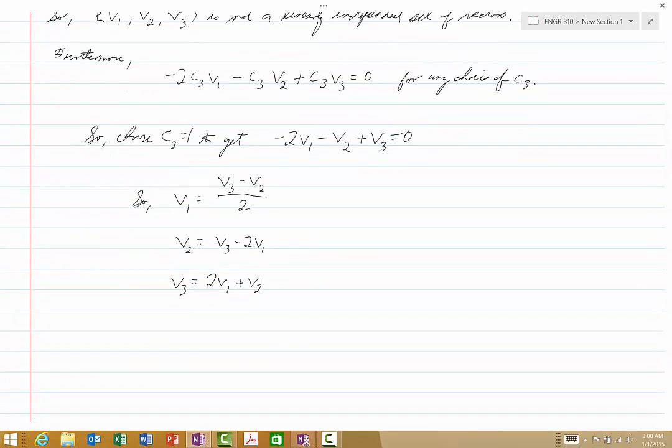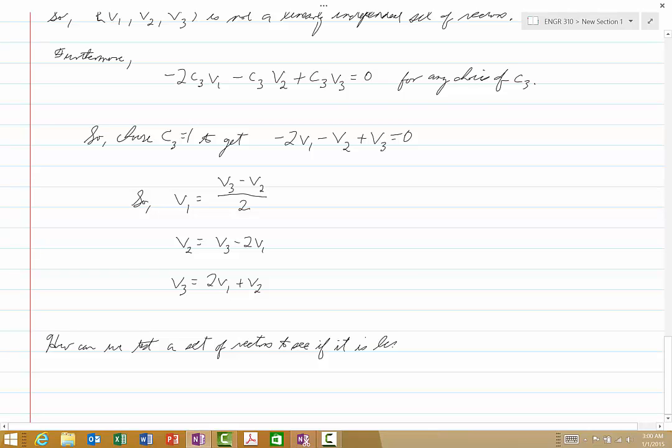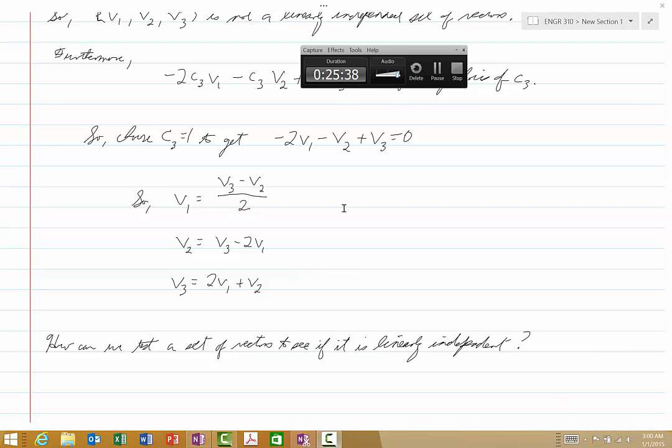But now we want to ask the question, how can we test a set of vectors to see if it is linearly independent? We would like to find a very straightforward, simple test, and so we'll talk about that next.